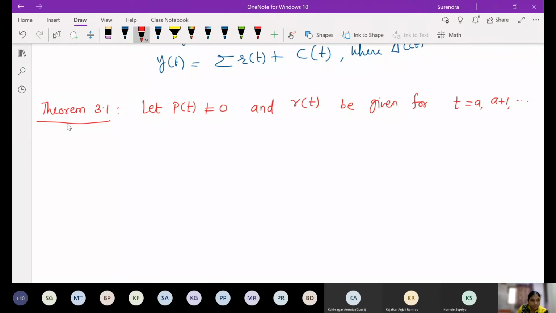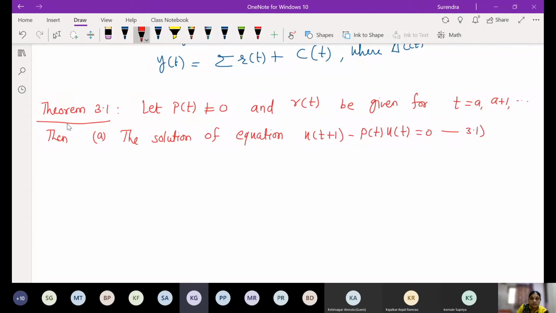Then, A: the solution of equation 3.1 dash, what is 3.1 dash? It is u at t plus 1 minus p of t u t is equal to 0.